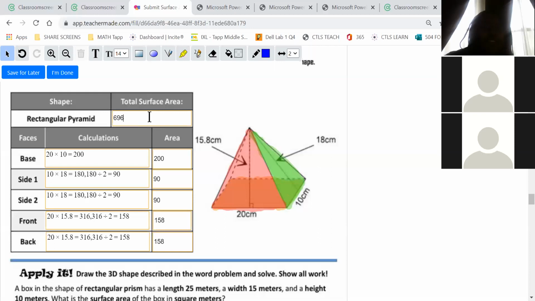All right, 696. So now I'm going to write my units here. So it's 696, and I see it's centimeters.